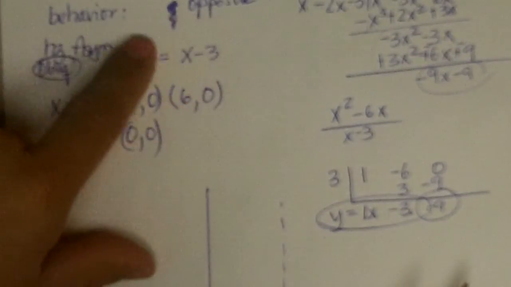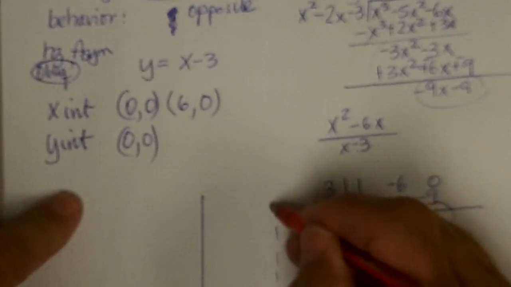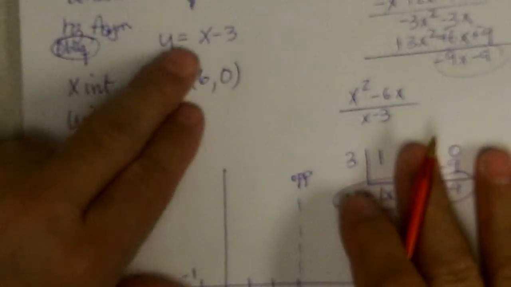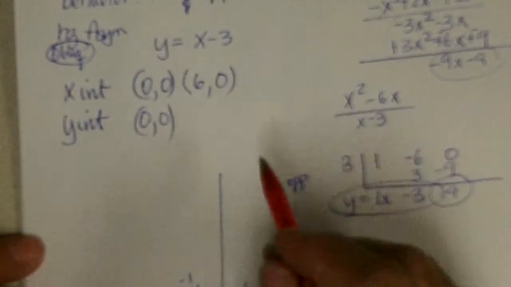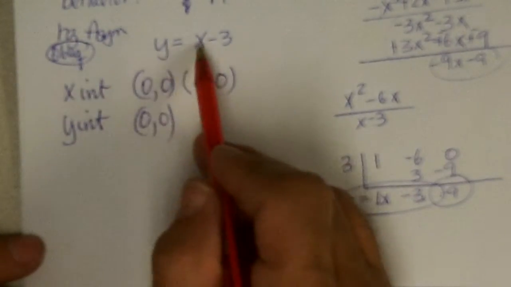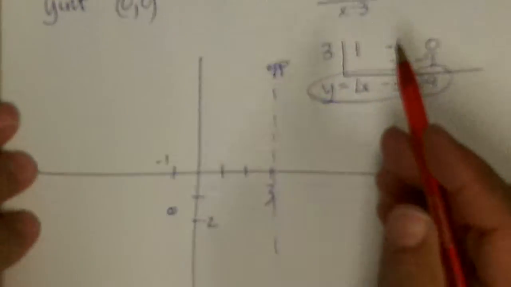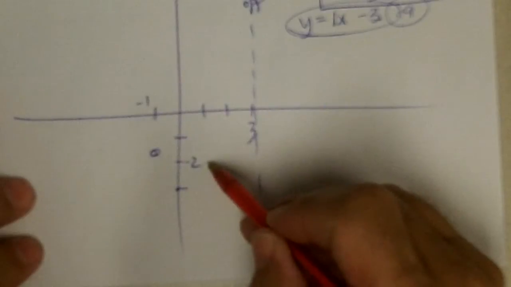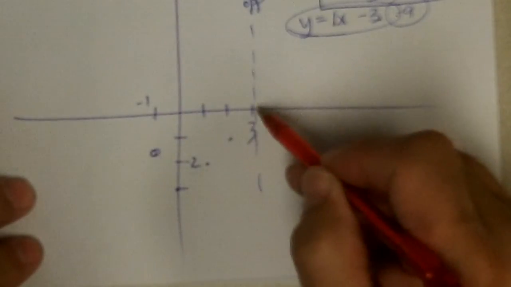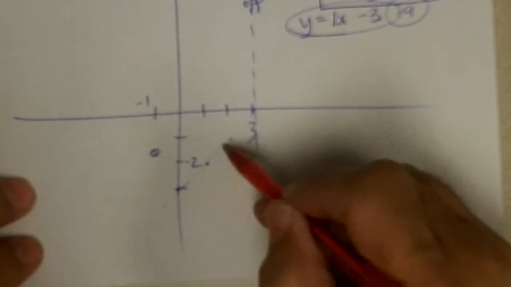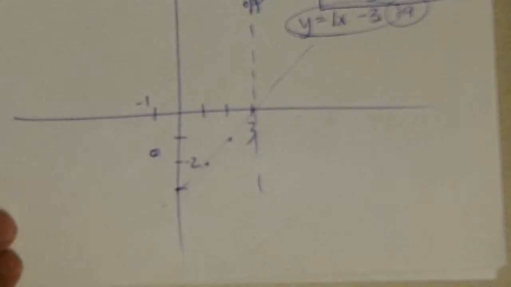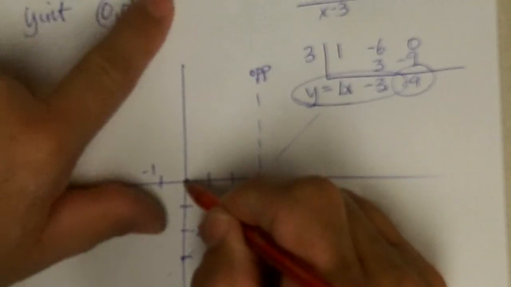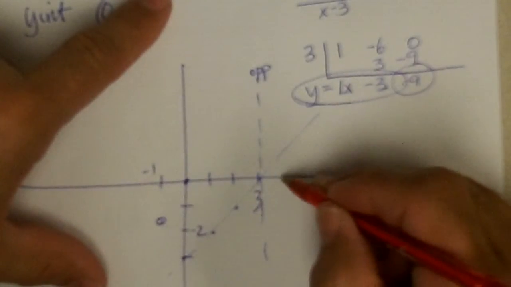And it goes opposite on either side of this. And then there's an oblique asymptote of slope 1 through minus 3. So it goes through minus 3 with a slope of 1. And the x-intercept is (0, 0), the y-intercept is (0, 0), and another x-intercept at (6, 0).